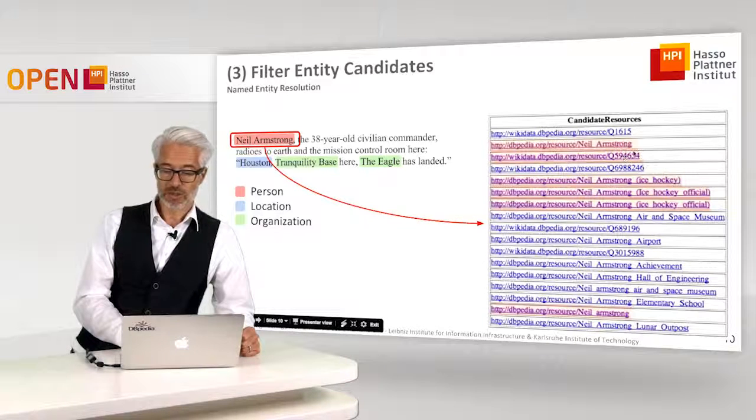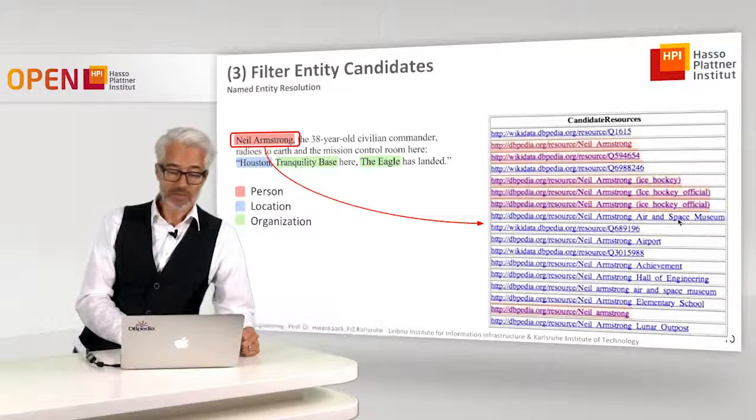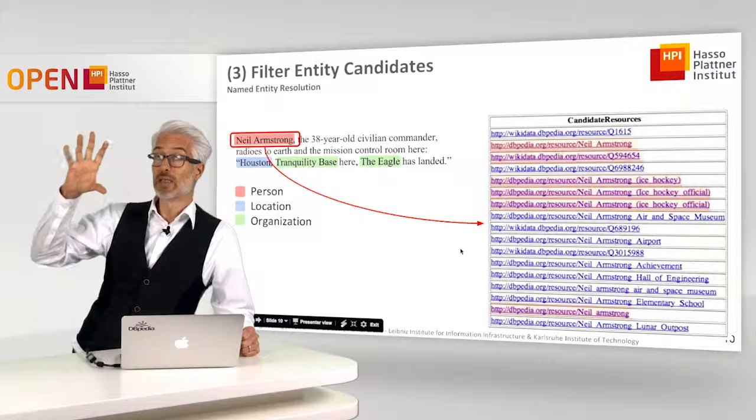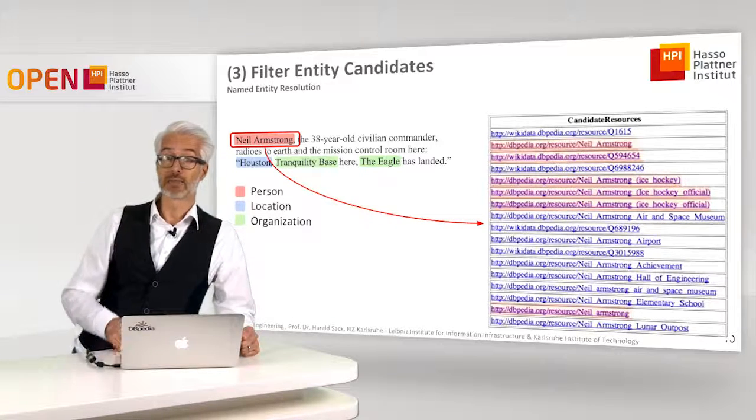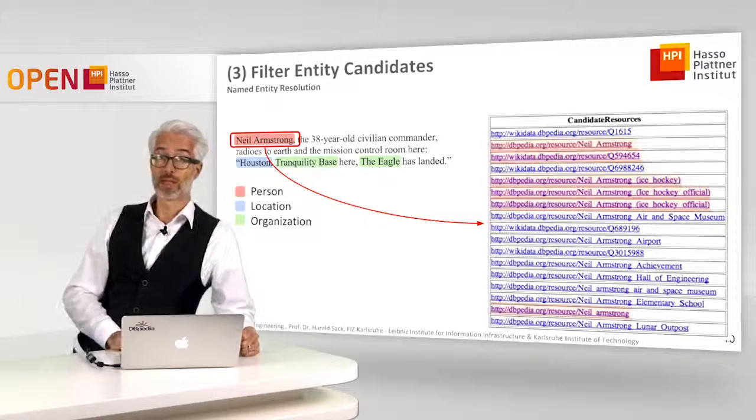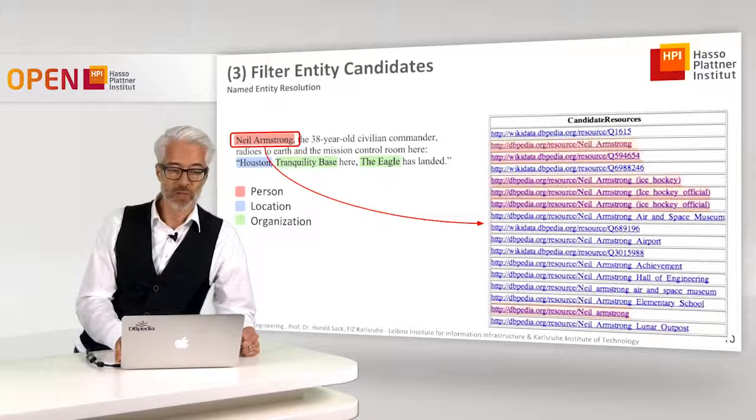Here it's a Wikidata resource, and we will have also these ice hockey official. And here the Air and Space Museum, it's a museum or a building or a location. This, of course, is not a person, so therefore we can pre-filter this and we shrink the number of potential entity candidates. So this is a filter process based on named entity recognition.